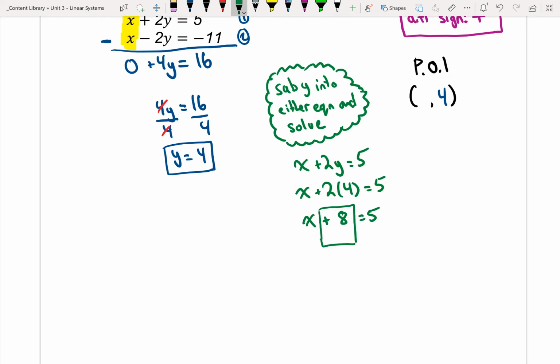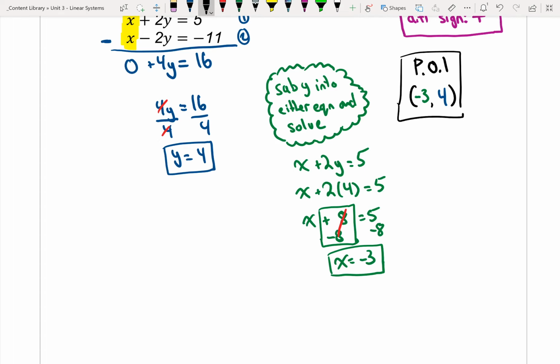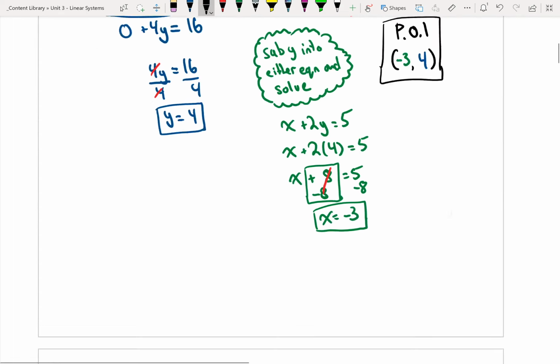To get rid of plus 8, I have to minus 8 from the other side. One side cancels out, and I'm left with x equals -3. So that means the x value is -3. So my point of intersection is (-3, 4), which is my final answer. So that is solving it.